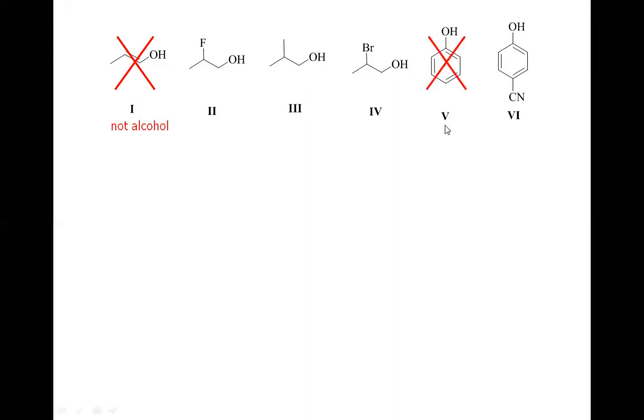Compound 5 is also not an alcohol because this hydroxy is connected to an sp2 carbon. And remember, for an alcohol, the hydroxy must be connected to an sp3 hybridized carbon, that is, a saturated carbon.